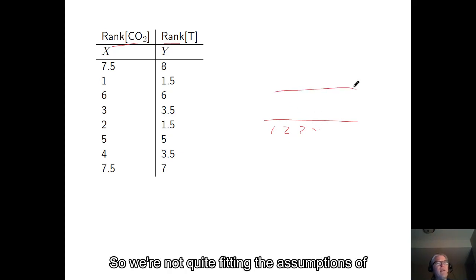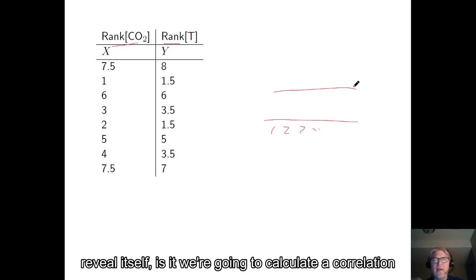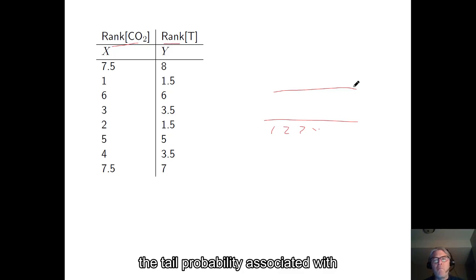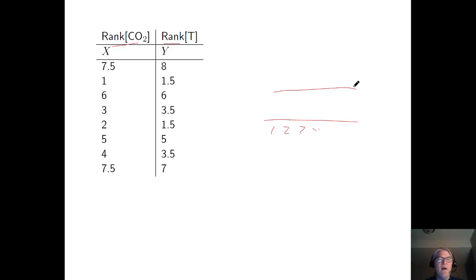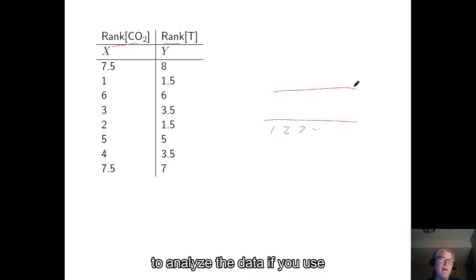So we're not quite fitting the assumptions of correlation. And the way that's going to reveal itself is that we're going to calculate a correlation coefficient, but we're going to look up the tail probability associated with that in a different table. So we do have to acknowledge that this is no longer fitting the assumptions of linear correlation, but the rank correlation is a valid way to analyze the data if you use the correct statistical table.